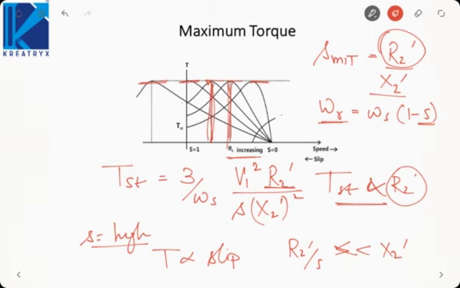So the curve is being shifted towards left, but the starting torque is increasing. Okay. So by adding the external resistance in the rotor of the wound rotor induction machine, the starting torque increases and the slip for maximum torque increases. That is, the speed at which maximum torque occurs is decreasing, but the magnitude of maximum torque is independent of the rotor resistance.